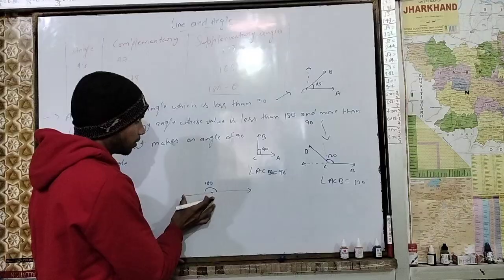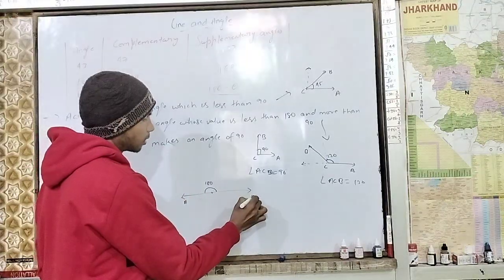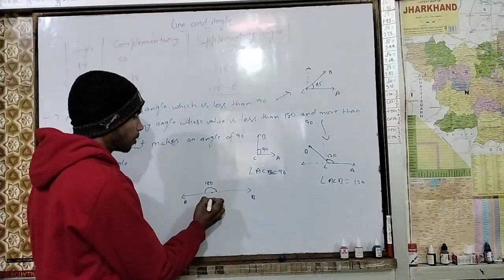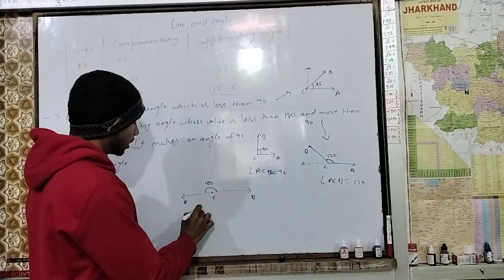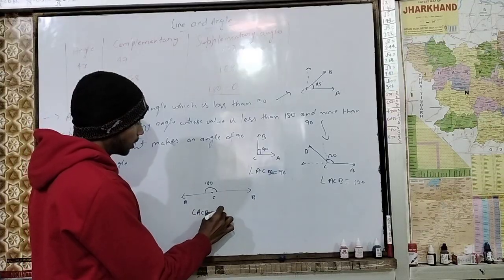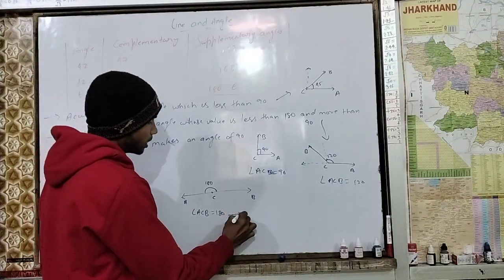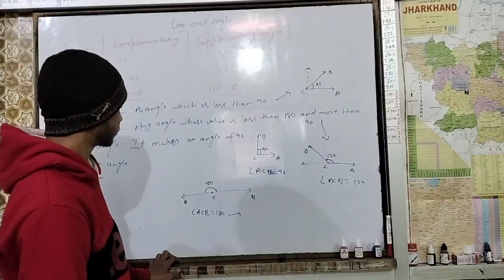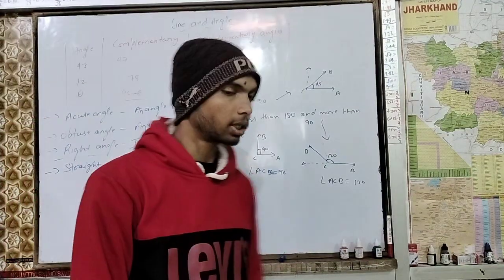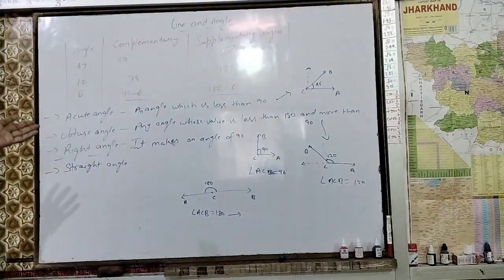This will be our A, this part we call B, and the common vertex will be C. Angle ACB is 180 degree. You can say this is our straight line.